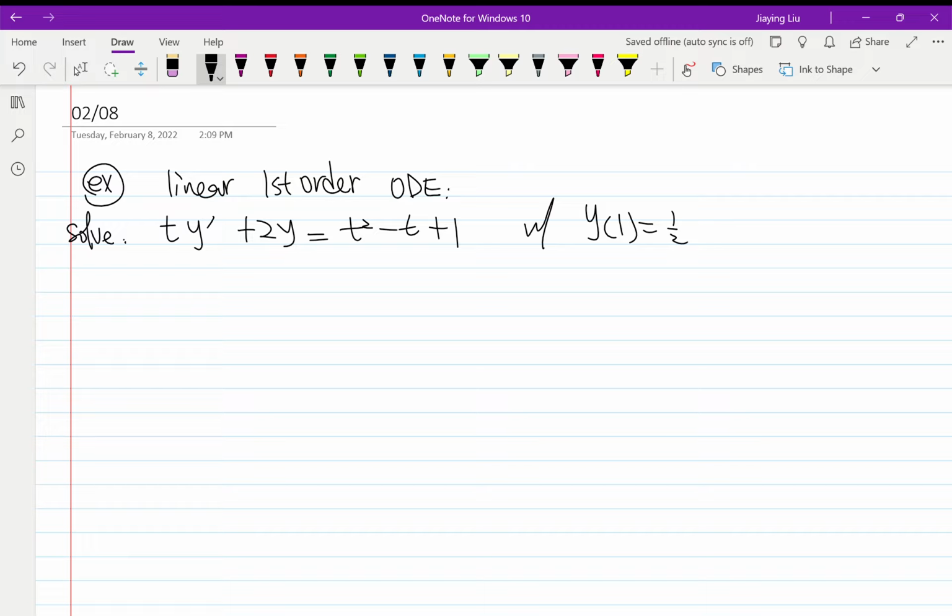Just recall that if we have y prime plus p of x y equals f of x, we can use an integrating factor r of x. We basically multiply the whole equation by r of x, and then solve for r at some point, plug it back in, solve for y.